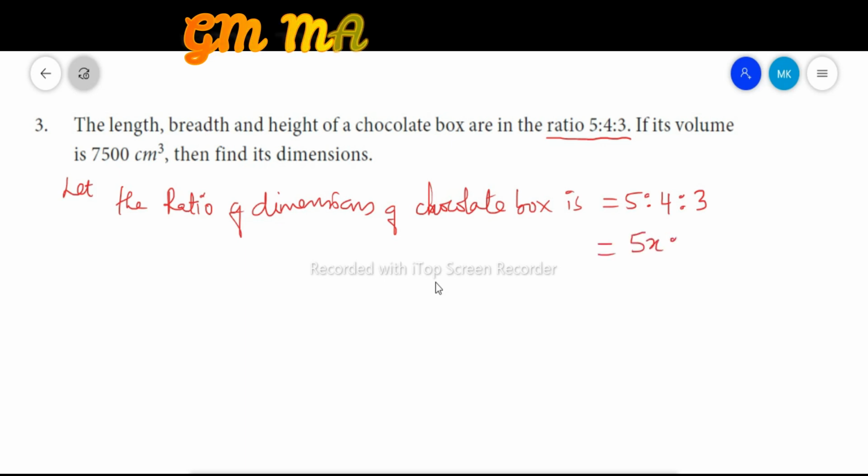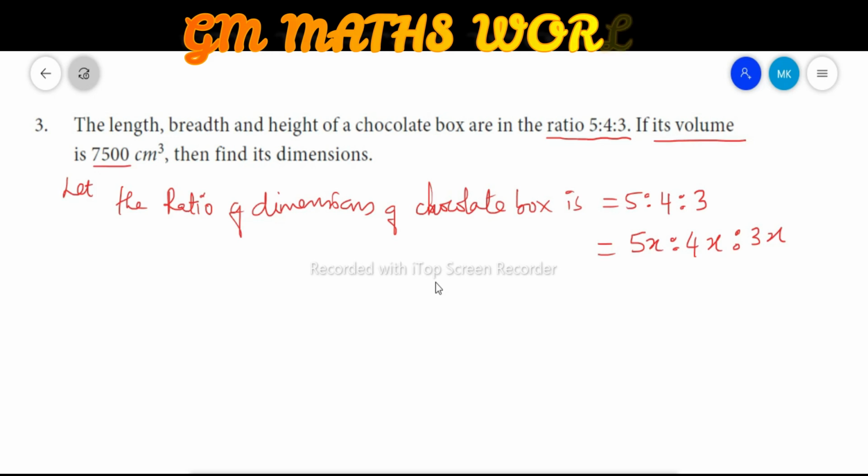We can take this as 5x is to 4x is to 3x. And we know the volume is 7500 centimeter cube. So the volume of the box is 7500 centimeter cube. Volume means the product of length, breadth and height.